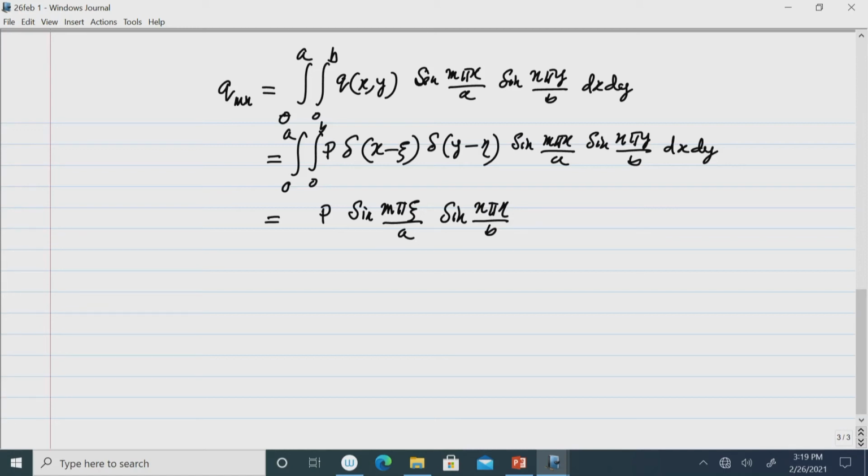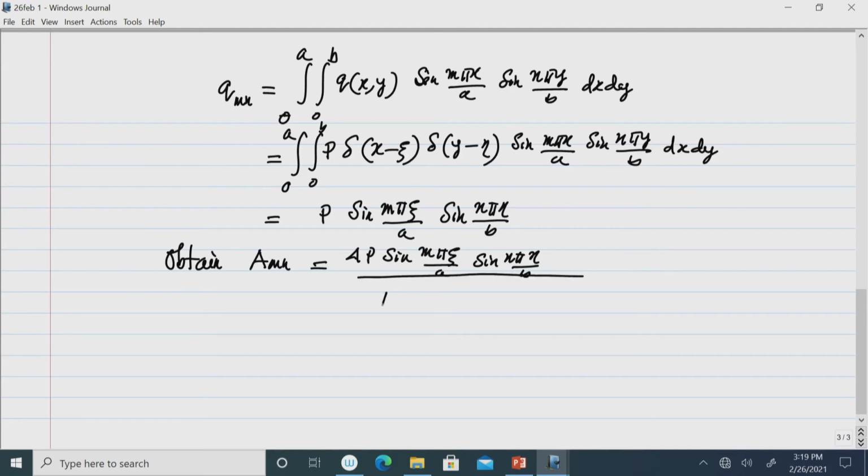Now, once the QMN is obtained, obtain AMN. AMN is given by this as 4P sin m pi xi by a sin n pi eta by b divided by D a b pi to the power 4 into (m square by a square plus n square by b square) whole square.